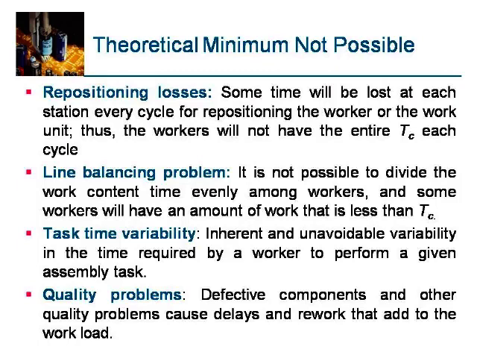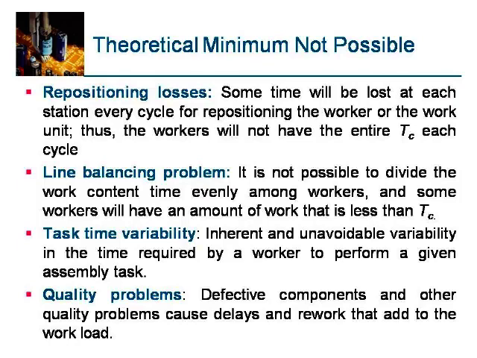In the line balancing problem, it is not possible to divide the work content time evenly among the workers, and some workers will have an amount of time that is less than TC. Thus uneven sharing of this time among different work contents or work elements will lead to the line balancing problem.